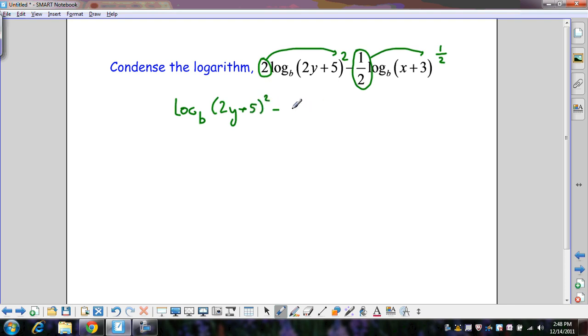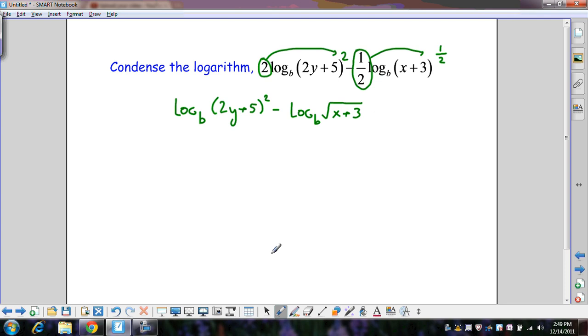So what that's going to give me is log base b of (2y plus 5) squared minus log base b of the square root of x plus 3. And I'll explain why I did that in just a minute.